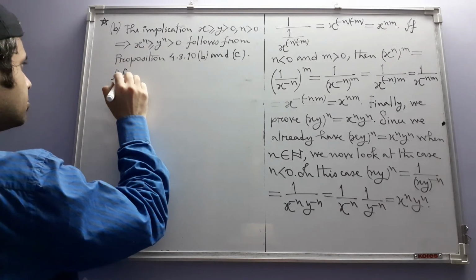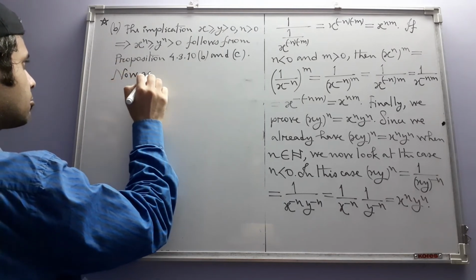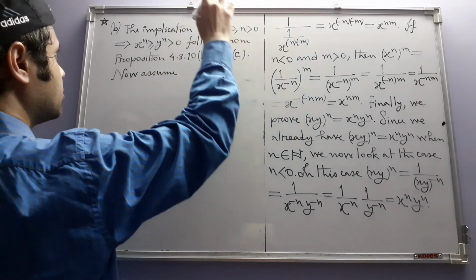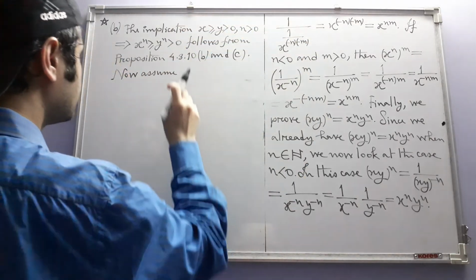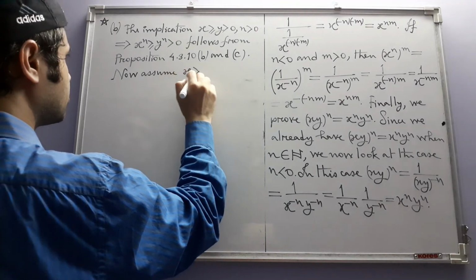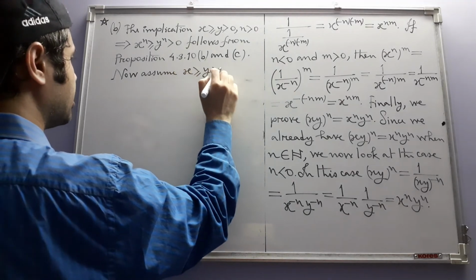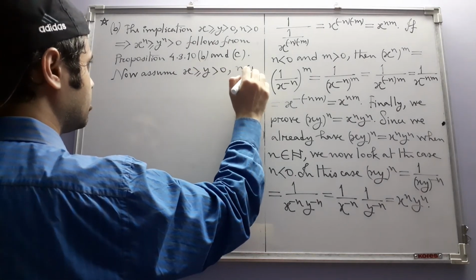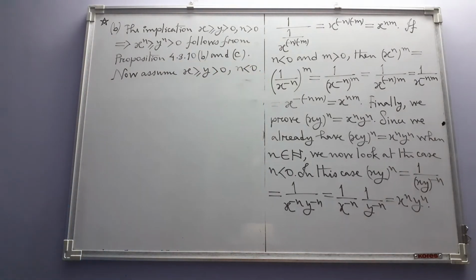Now assume that x is greater than or equal to y and they are positive, and n is negative.